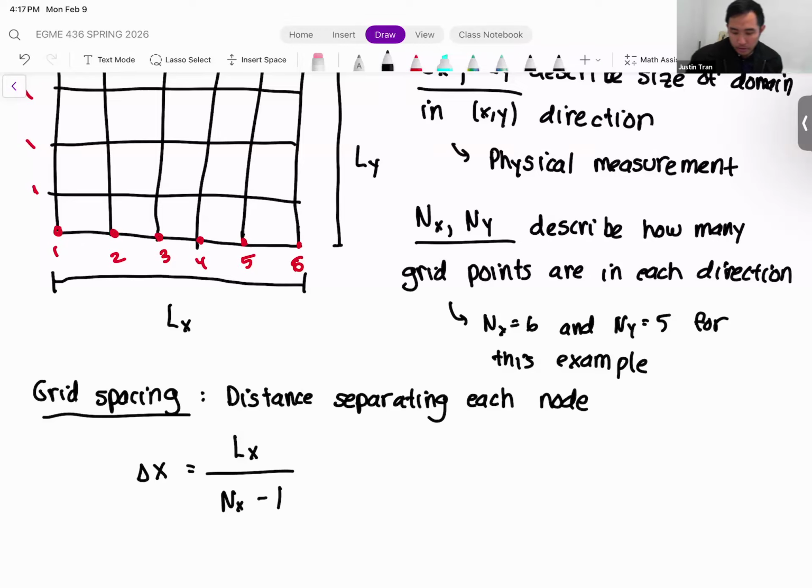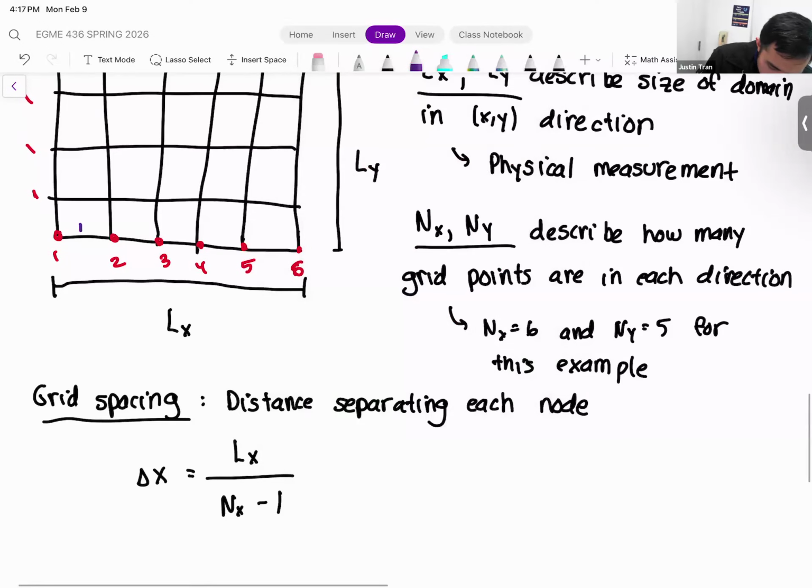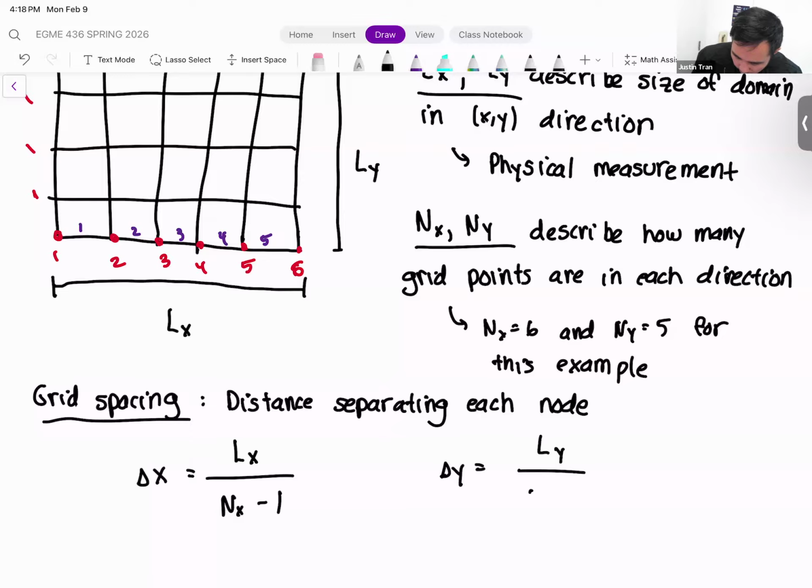If you count the grid spaces in the x direction here, we have 1, 2, 3, 4, 5. So the grid spacing is Lx divided by the number of spaces, which is Nx minus 1. And then the same thing for delta y: delta y is equal to Ly divided by Ny minus 1.